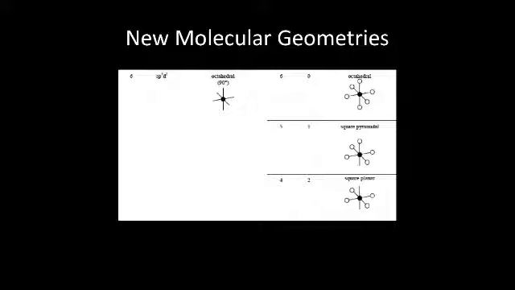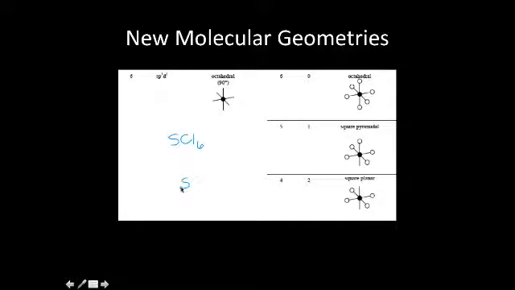Then we can talk about when we have 6 peripheral atoms bound to a central atom, then we start getting this octahedral shape. The example we've shown today so far was sulfur hexachloride.